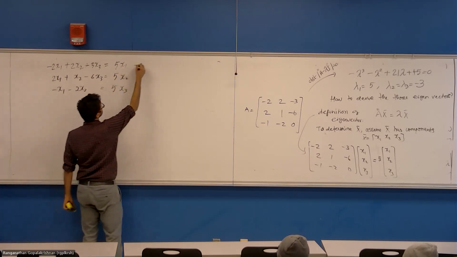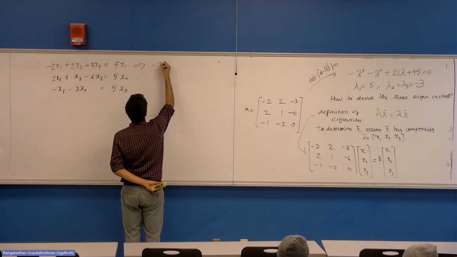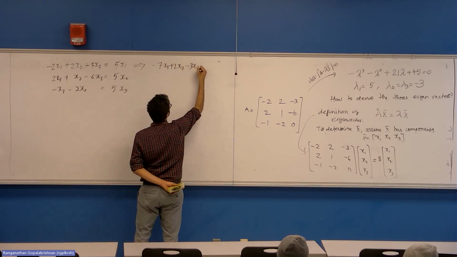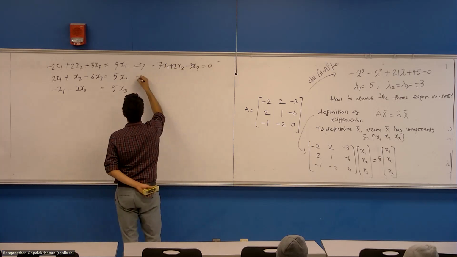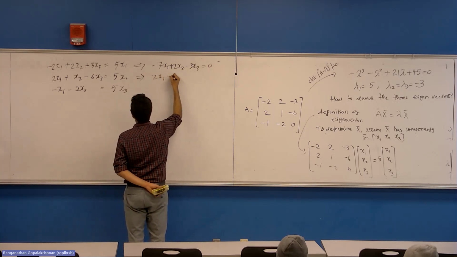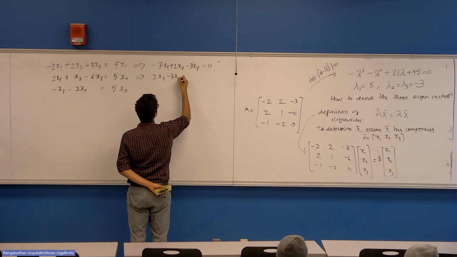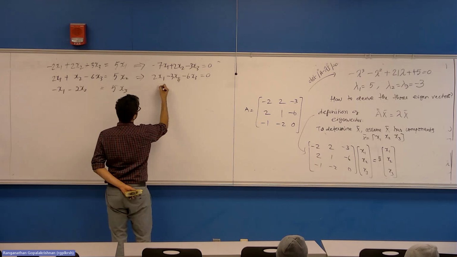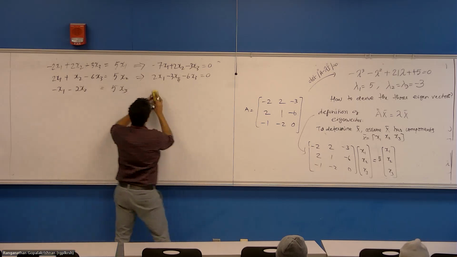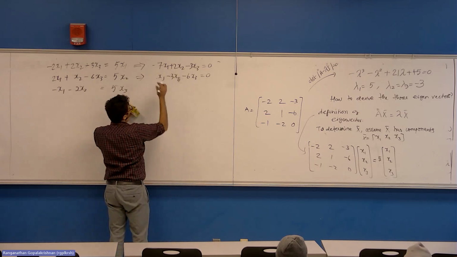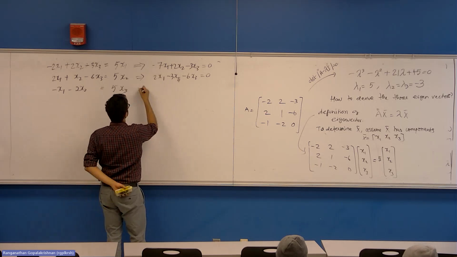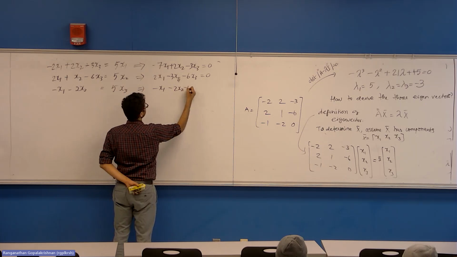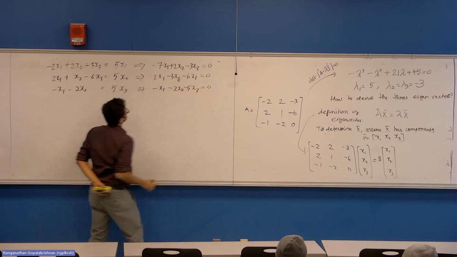So you can simplify each line by writing minus 7x1 plus 2x2 minus 3x3 equal to 0. Then 2x1 minus 4x2 minus 6x3 equal to 0. And then the third equation is minus x1 minus 2x2 minus 5x3 equal to 0.